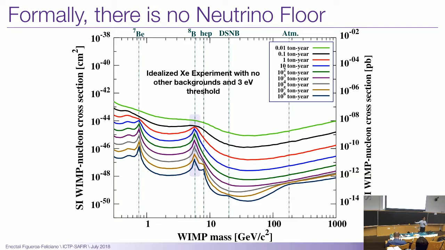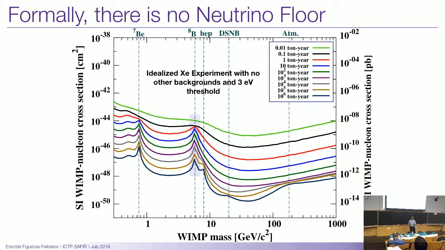Does that make sense? Now, if I start seeing neutrinos and I have to statistically subtract the neutrinos from my signal, then it's going to go as what? How does the sensitivity go with exposure when you're subtracting a background? The square root of the exposure, right? So once you're subtracting statistically a background, your sensitivity goes as the square root of the exposure.